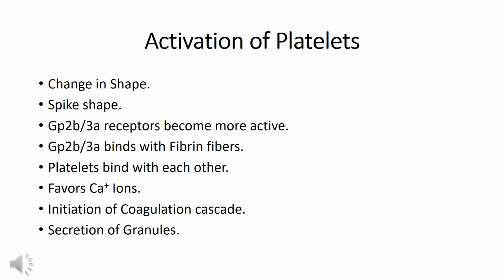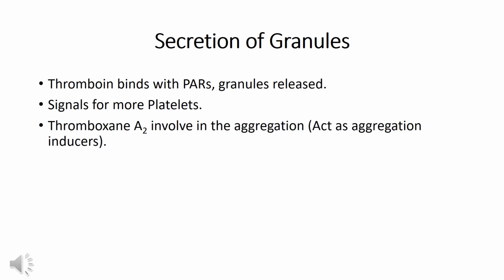Then, in the activated platelets, secretion of granules also occurs. Secretion of granules acts as a signal when thrombin binds with the platelet activating receptors. Then granules are released.